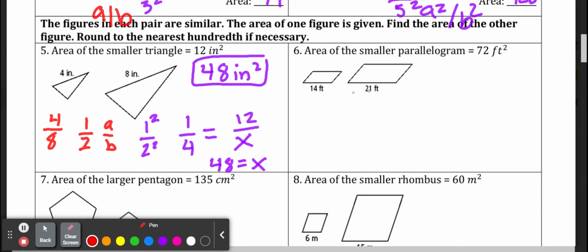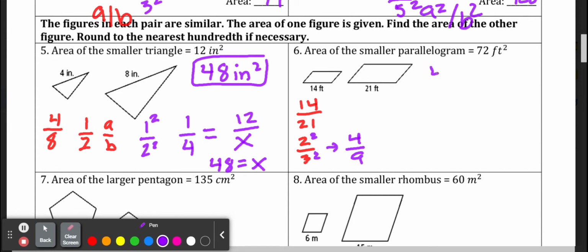Over here, we have 14 to 12. I'm just going to keep it consistent by doing the small over the large. So my A to B, it looks like 7 goes into both of that, so that's going to be 2 over 3. And then when we square it, that's going to give me 4 over 9. So that's my A squared to B squared. So I'm going a little faster now. So if you didn't know how I got there, I squared this to get to that.